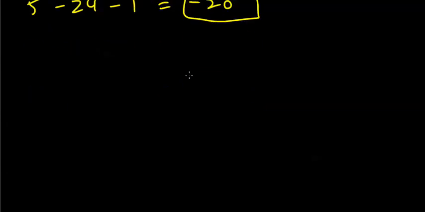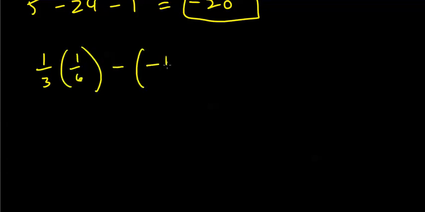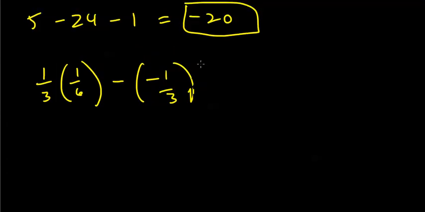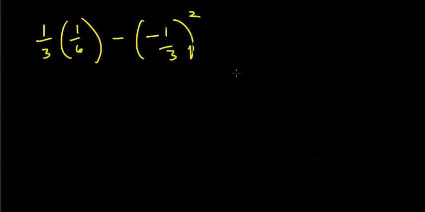All right, more order of operations. How about order of operations involving fractions? A third times a sixth minus 1/3 squared. All right, how are we going to grind this out? Let's consider what we've got here.